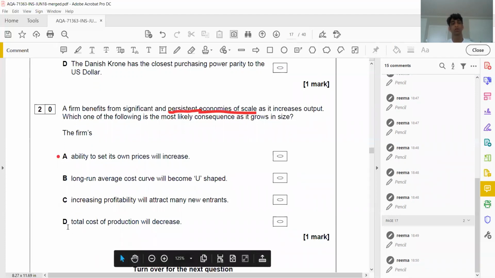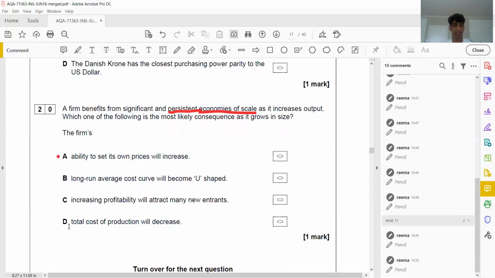Let's look at D. Total cost of production will decrease. This is not the case, for the simple reason that persistent economies of scale refers to average cost of production decreasing, not total cost. The total cost will continuously increase as you produce more output.